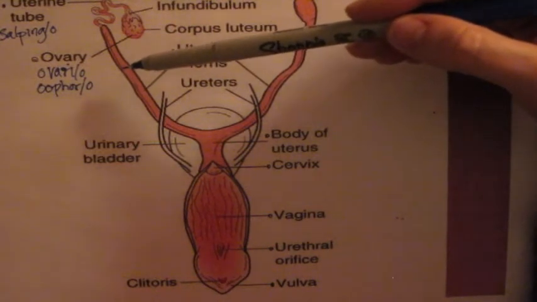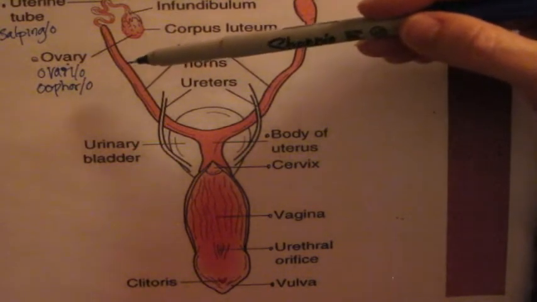The uterus is a thick-walled, hollow organ with muscular walls and mucous membrane lining.